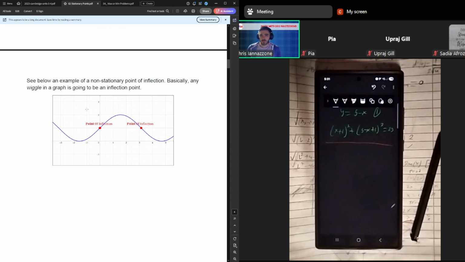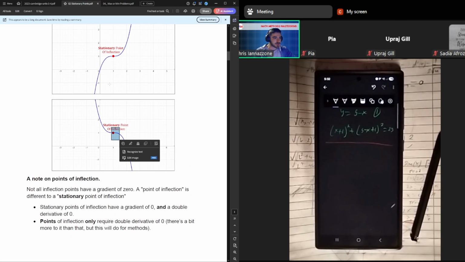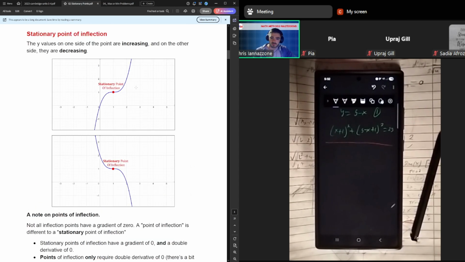Points of inflection are basically just sort of like these little wiggle spots in a graph, and you see a whole bunch of them when you sketch any circular function type graph. So at these spots, these are not gradient 0. At these spots, the gradient is 0. That's just a minor thing to keep in mind there.